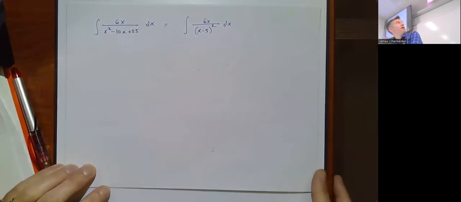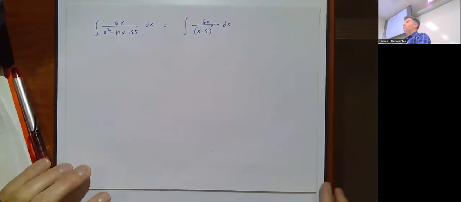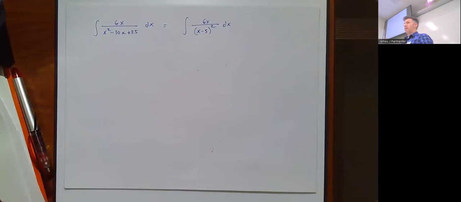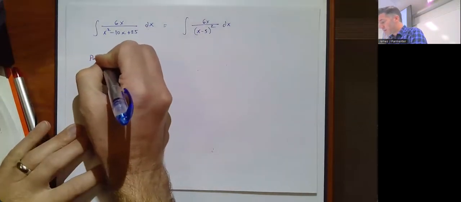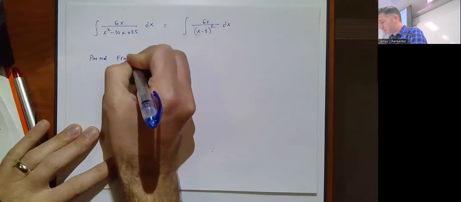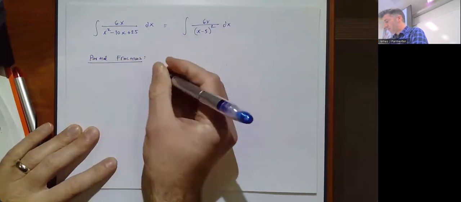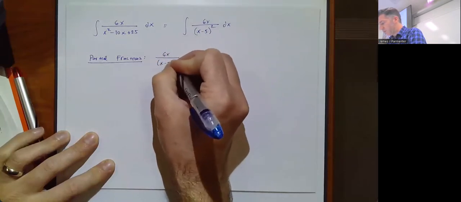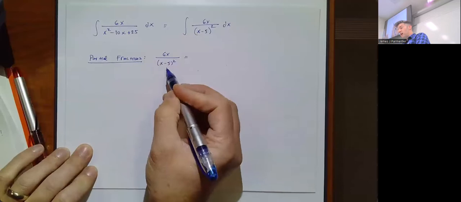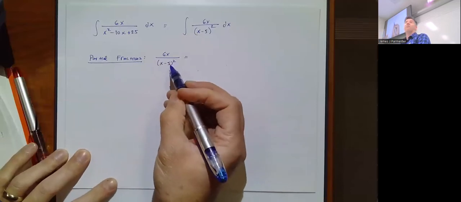So here's what I want to point out. If your denominator factors, but it's only one thing to a power, you can do partial fractions. Totally works. Let me show you. So partial fractions, we can totally do 6x over x minus 5 squared. Now remember, since it's something to a higher power, we have to have every lesser power as well.